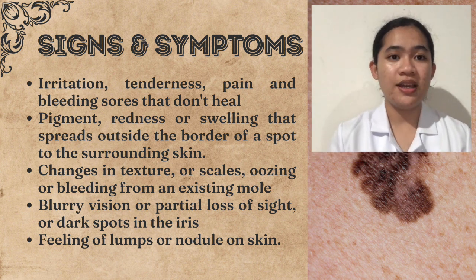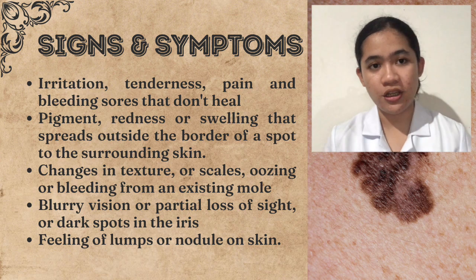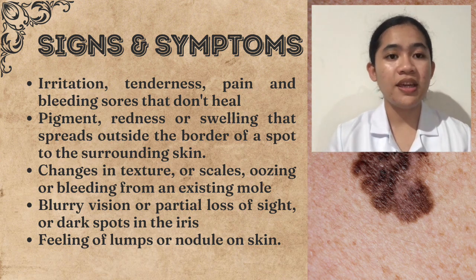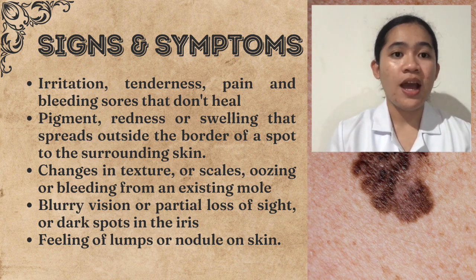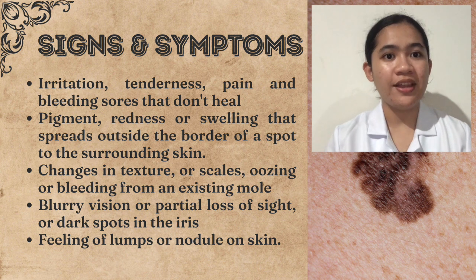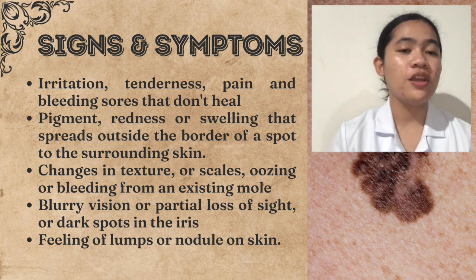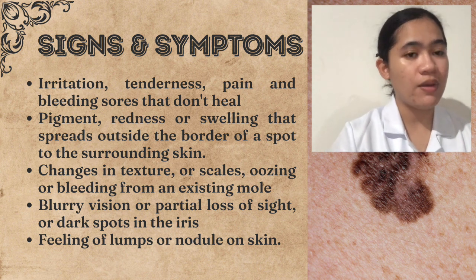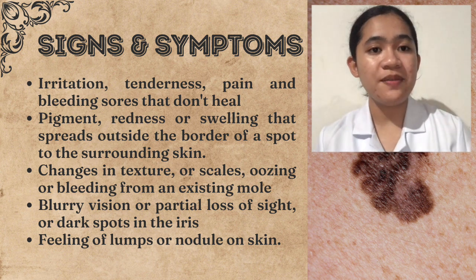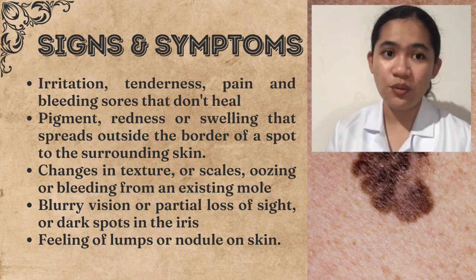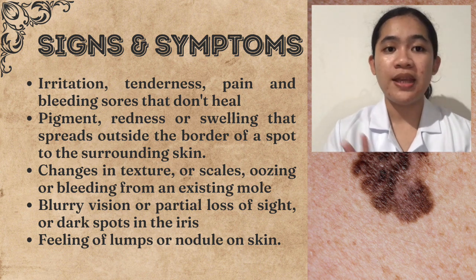So melanoma is a certain type of condition that might be easy for you as a person to detect in your body, as long as you know how to differentiate normal moles from abnormal moles. It can be through the ABCDE assessment, which I'm going to be teaching you later on.